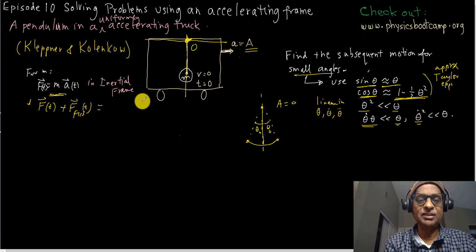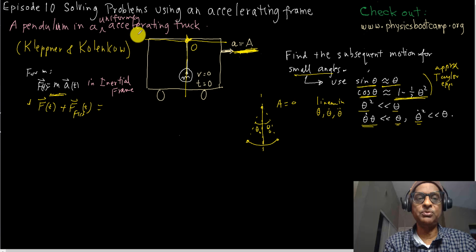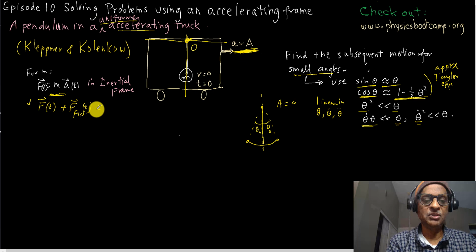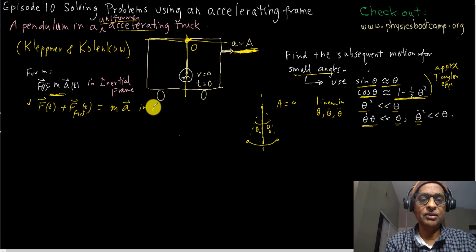But here we're going to say that it depends only on this, since we're keeping it a uniformly accelerating truck. That could change with time, but not for us. This equals mass times acceleration in the non-inertial frame.